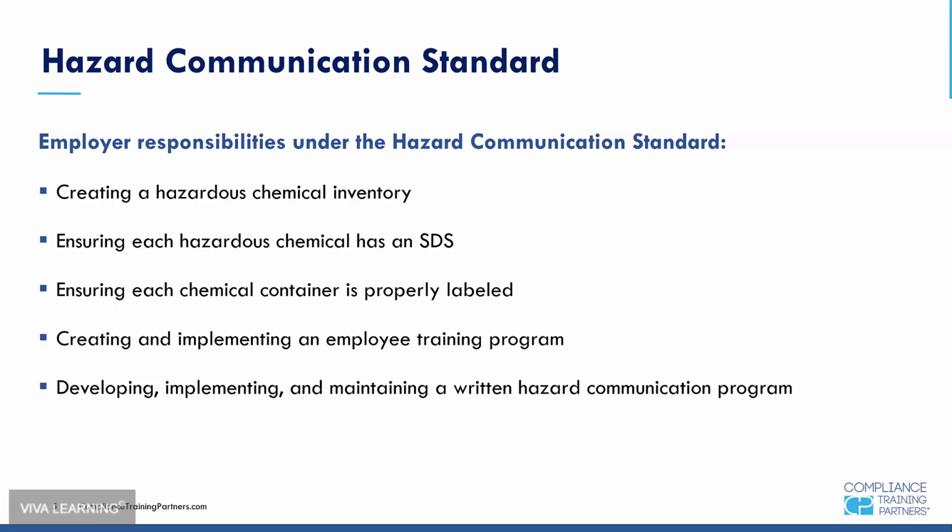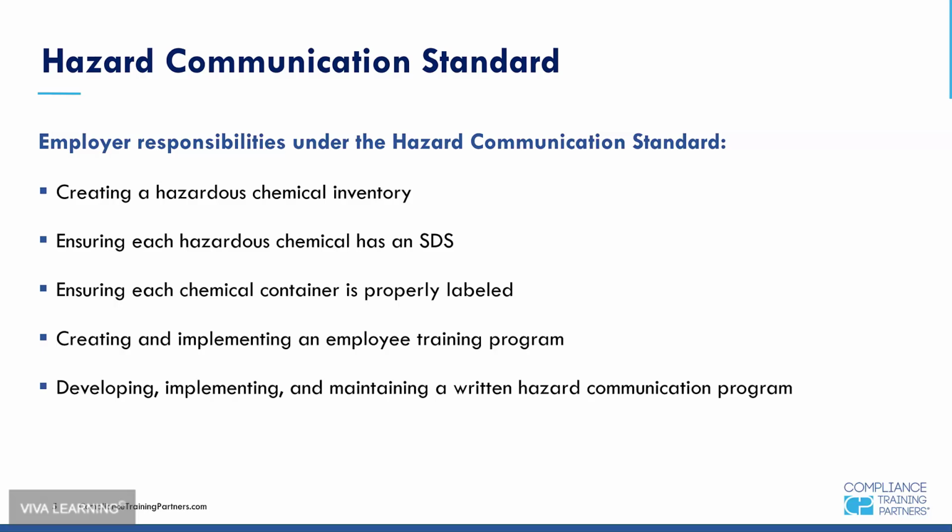So a trusted assistant, a trusted organized hygienist, because some of the things that they'll need to do: have a hazardous chemical inventory. Make sure that for every hazardous chemical on that list, you have a safety data sheet. Make sure that these containers that have chemicals in them are properly labeled so people know what's in them.